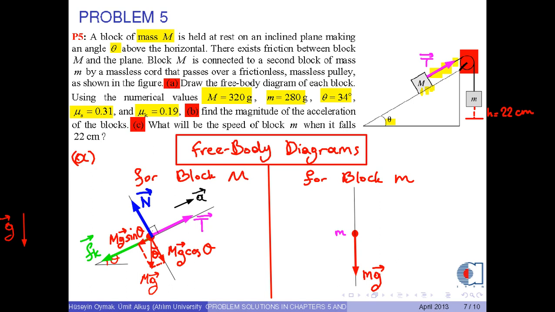The tension force is in the direction pointing the cord, denoted by T prime, and its magnitude is the same as that of tension force T. Finally, since we chose the direction of the motion in this direction for mass capital M, the motion of small m is in the downward direction.